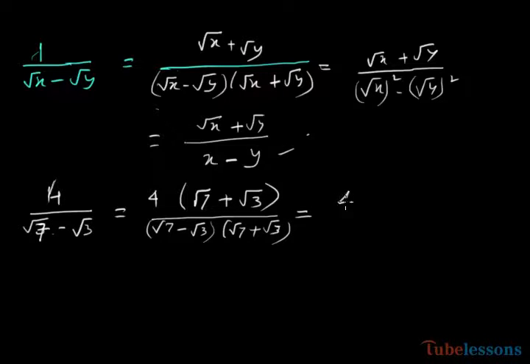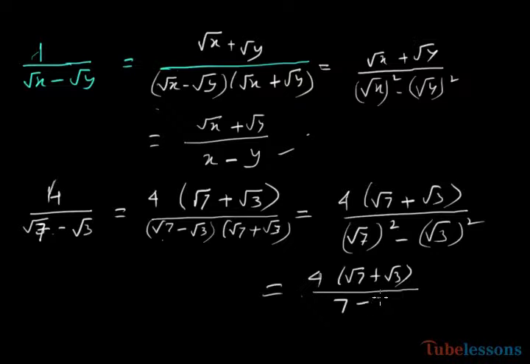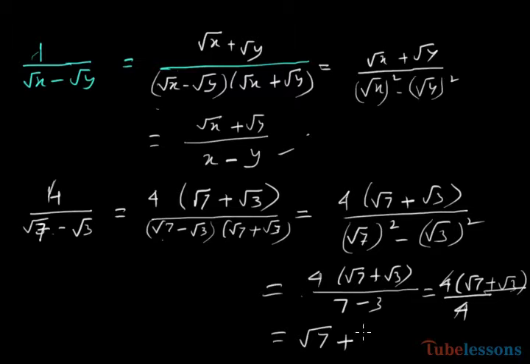Now the numerator is 4 times root 7 plus root 3, and the denominator is root 7 whole square minus root 3 whole square, that is 7 minus 3, which is equal to 4. So now we can cancel these two 4s. So finally we get root 7 plus root 3.